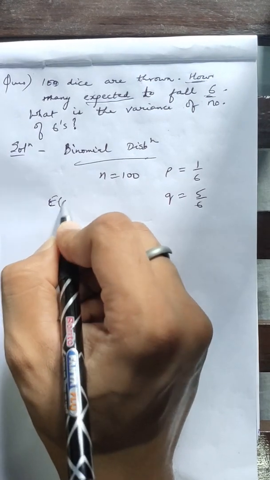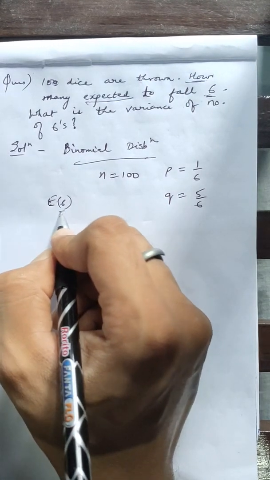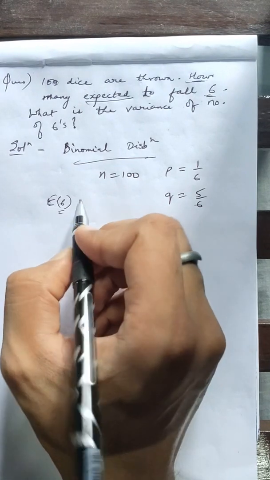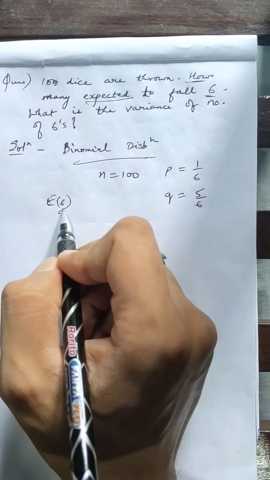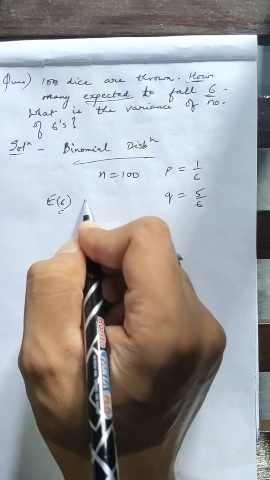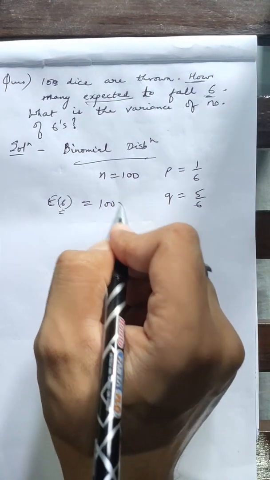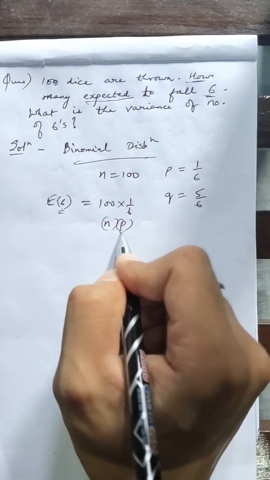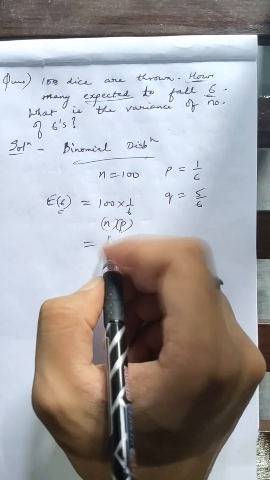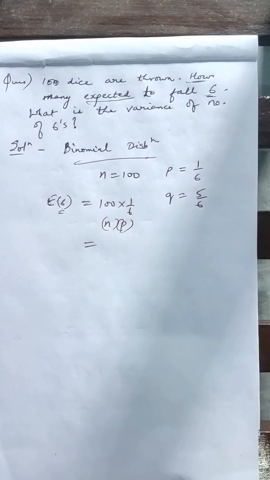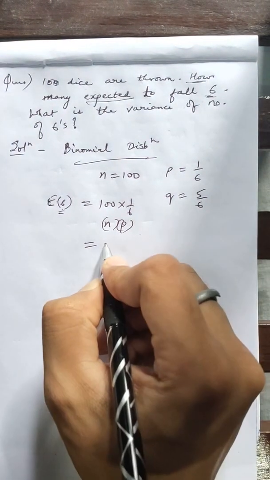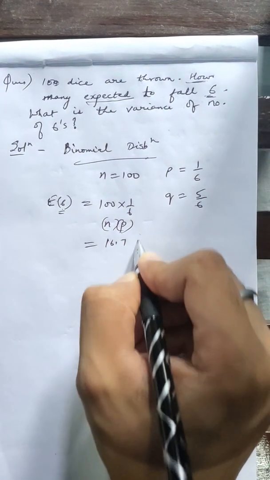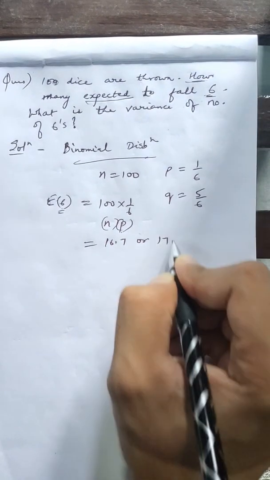So the expected number of falls of 6 is how much? In 100, the expected value for 6 to appear is 100 into 1 by 6, because this is NP, right? So 100 into 1 by 6 will come out to be 16.7 or 17.